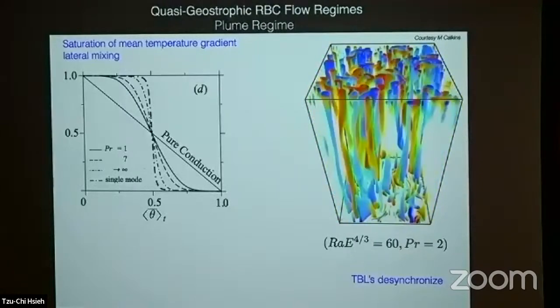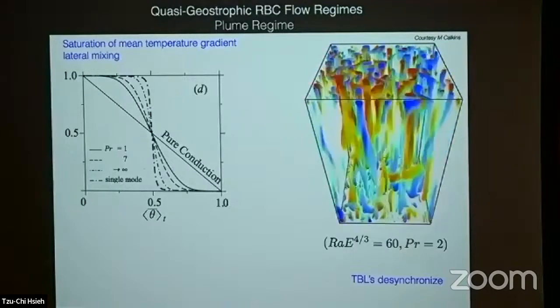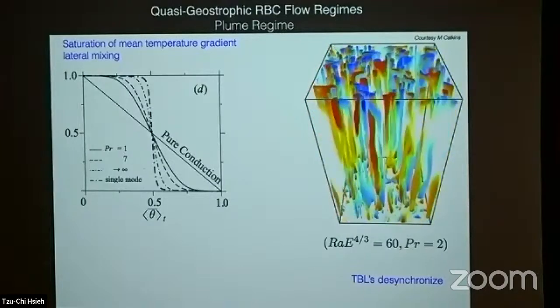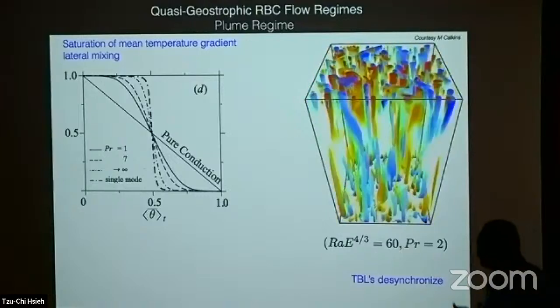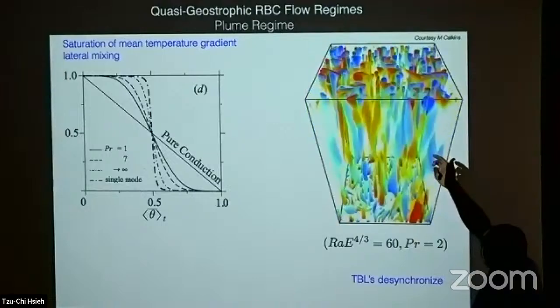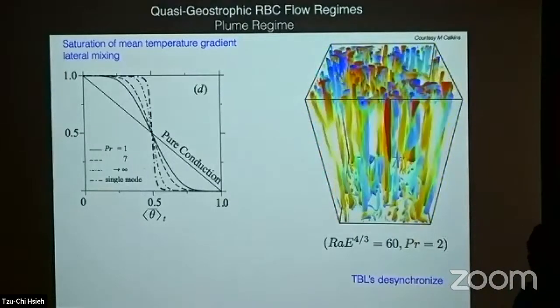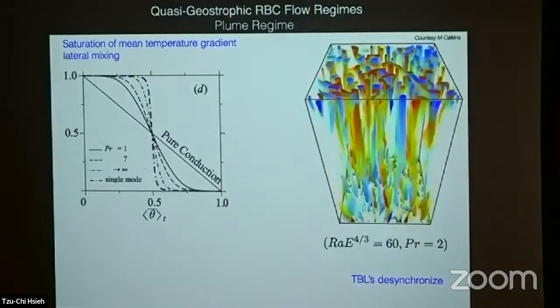We saw this in early DNS studies, and what's going on there is that these columns are actually mixers now, because they've broken, and they've also lost their shielding. So there are strong vortex interactions going on, and there's very strong lateral mixing, okay?